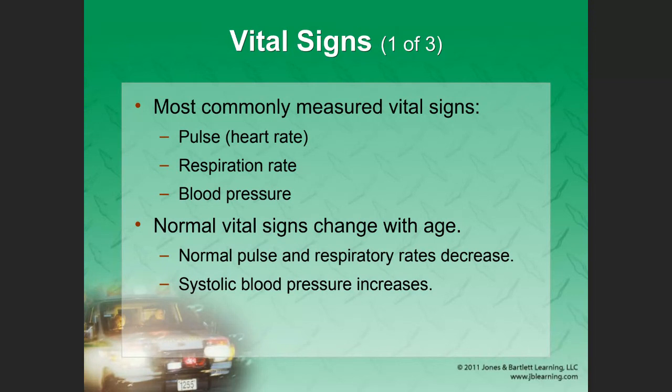You can have an adult with a pulse below 60 and it's not significant. So persons who are very athletic, persons who do running or cycling, aerobic type activities, play football, they tend to have a pulse rate below 60 and it's fine. But standard for adults, 60 to 100, the younger the patient is, the faster the pulse is going to be.